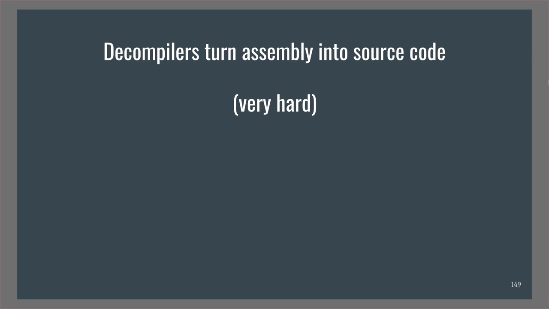They have to turn assembly instructions into source code, which is pretty difficult because of compiler optimizations. Optimizations make it almost impossible to straightforwardly pattern match which sets of assembly instructions correspond to which source-level constructs. I'm about to show you an example of this, but keep in mind that my example is the simplest possible thing, and use it to imagine how complicated decompilation can actually get.